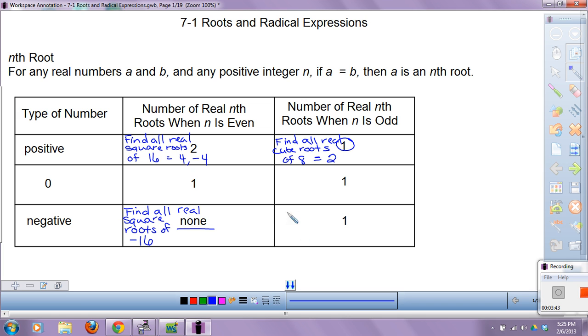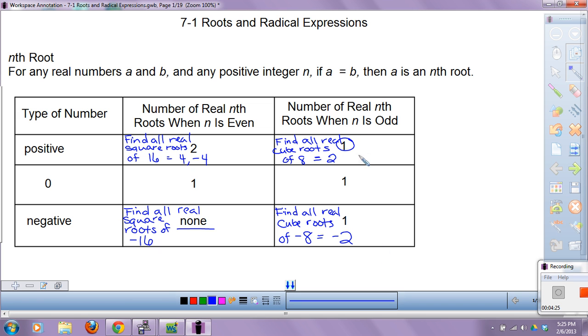And if it's negative, so find all real cube roots of negative 8. So what number times itself, because it's a cube root, would give you negative 8? Only negative 2. Negative 2 times negative 2 is 4 times negative 2 would give you your negative 8. Not a positive 2, only a negative 2.